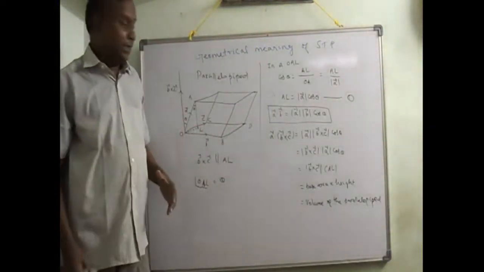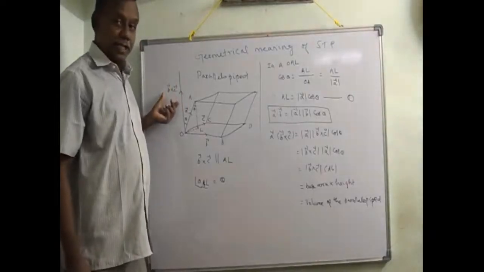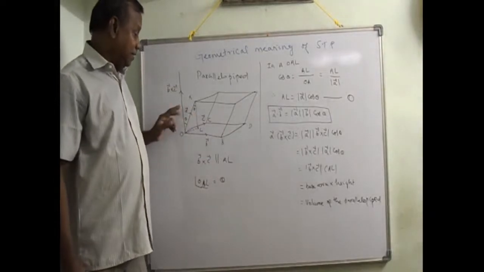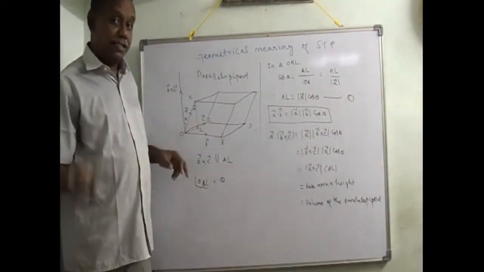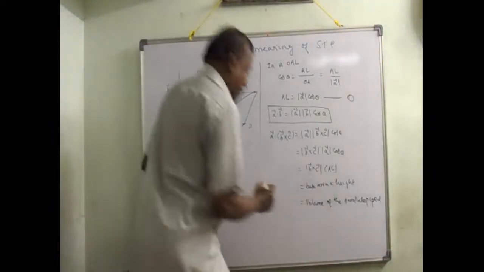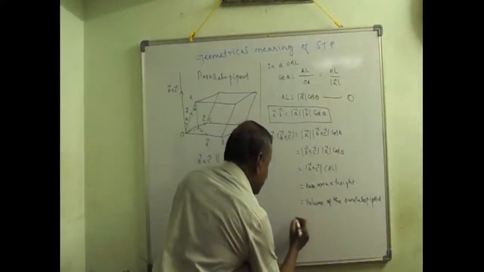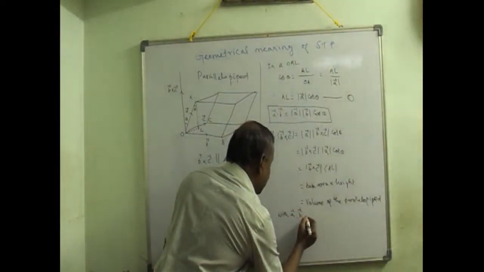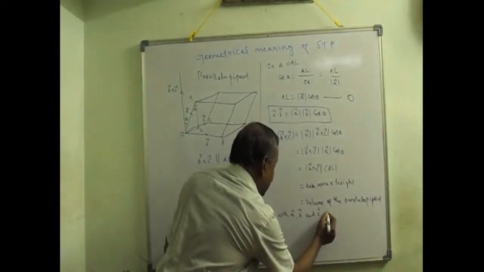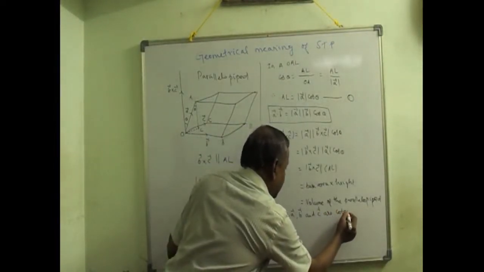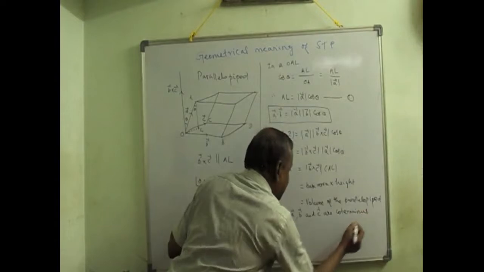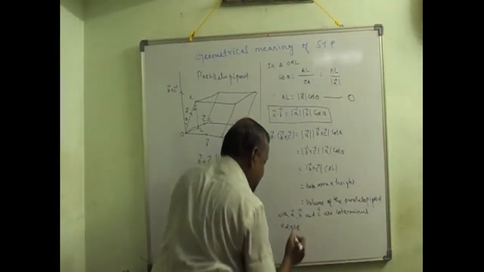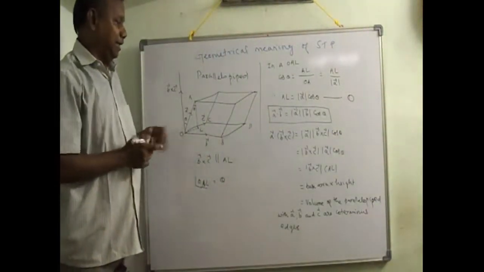So geometrically, the scalar triple product, that is STP, is nothing but the volume of the parallelepiped with the three vectors A, B, C as its coterminous edges. So it is a geometrical meaning.